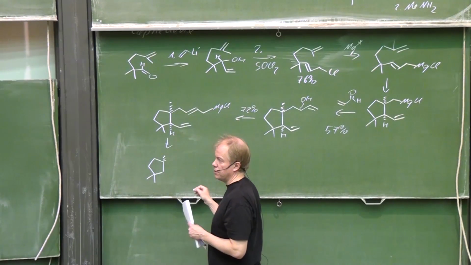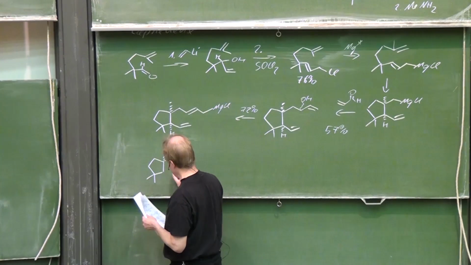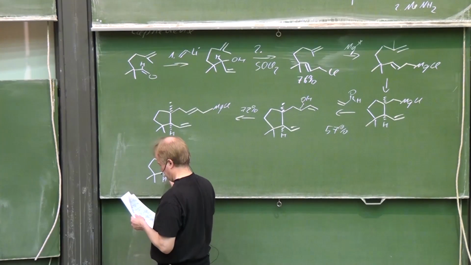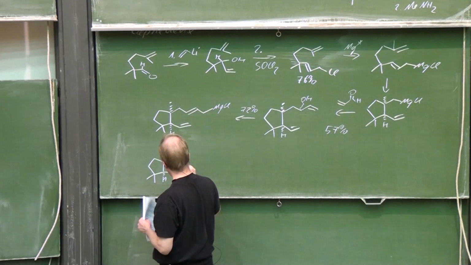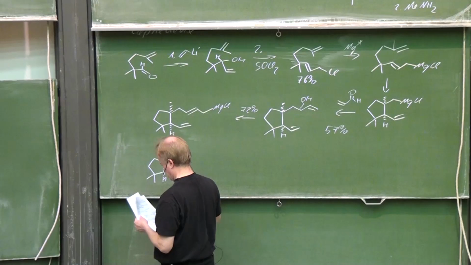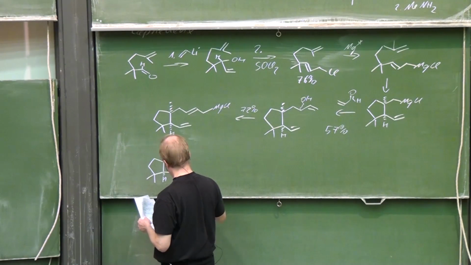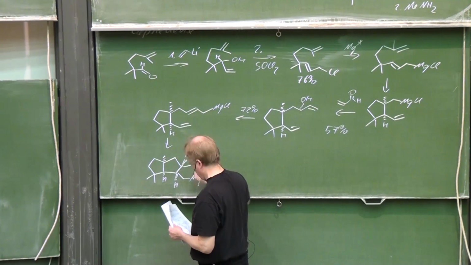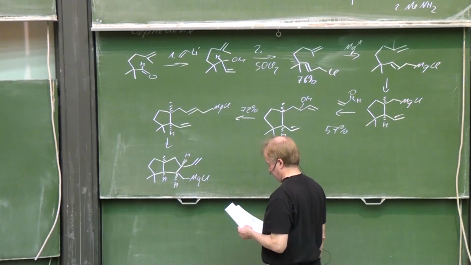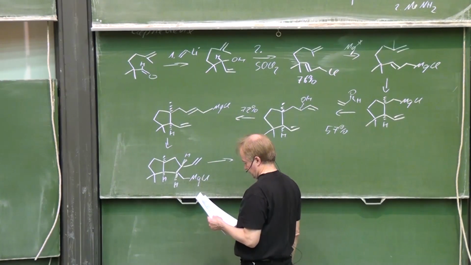So it should be the type 1 magnesium-Ene cyclization. Okay.